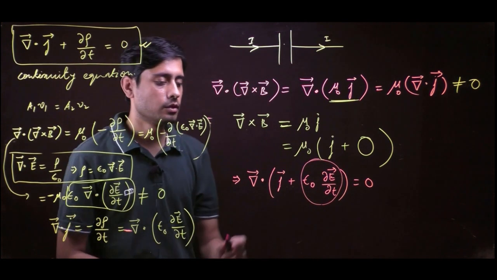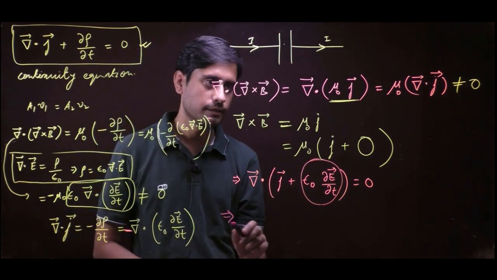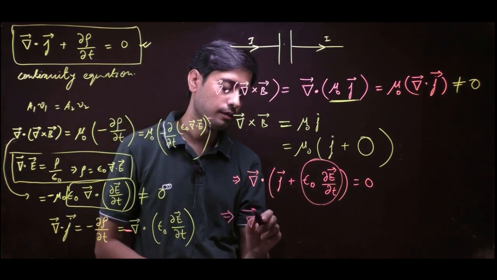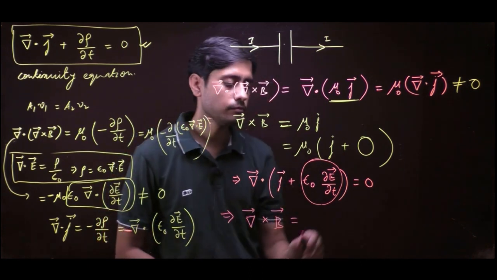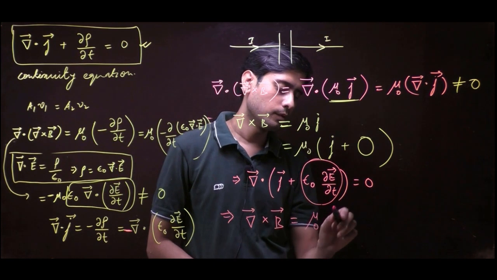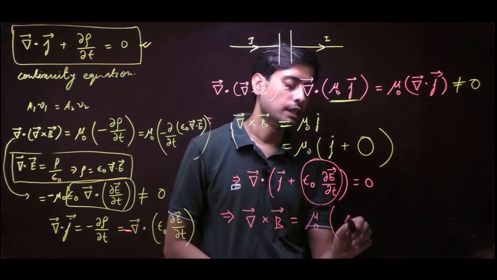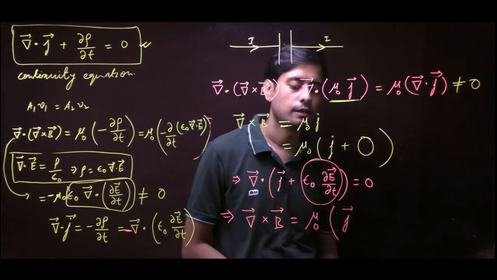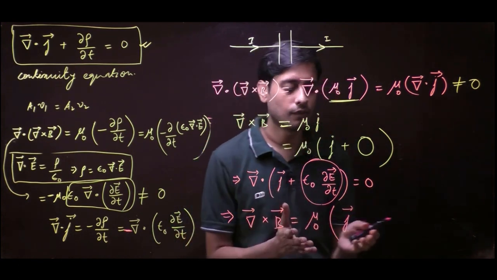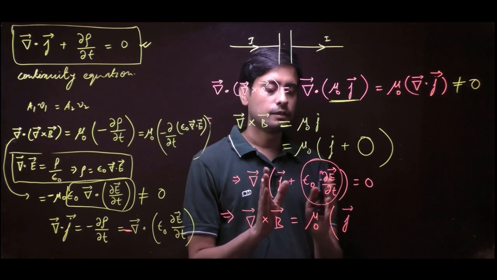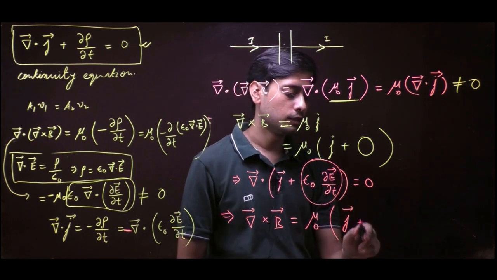So now the new law can be written as del cross B equals mu naught times this J term which was already there. Now this mu naught times J, its divergence was not 0, but the divergence of this whole term was 0.